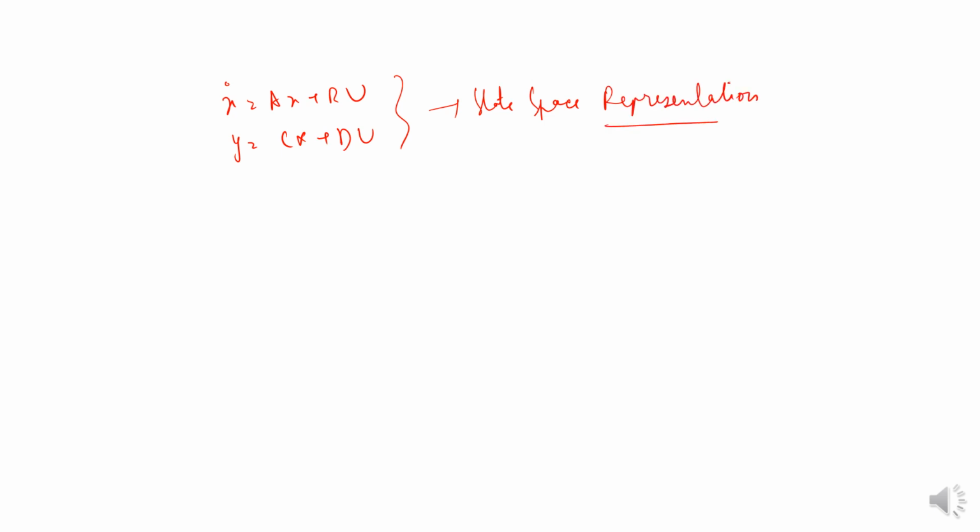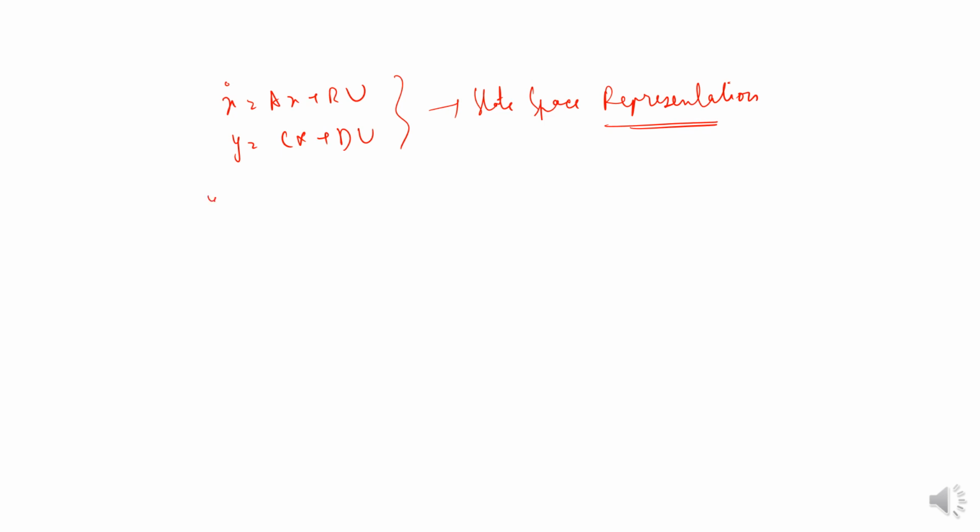So a quick recap of what we have seen till now: x dot is equal to Ax plus Bu, y is equal to Cx plus Du. This is also called the state space representation.